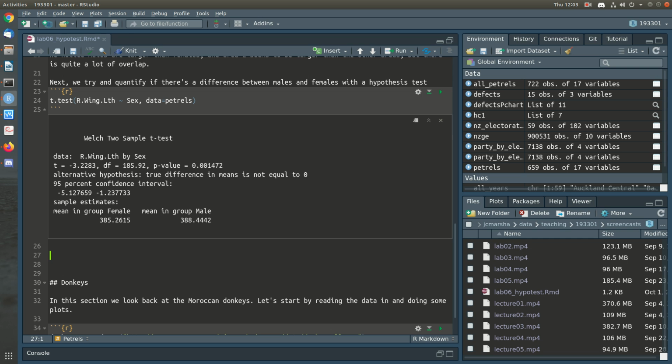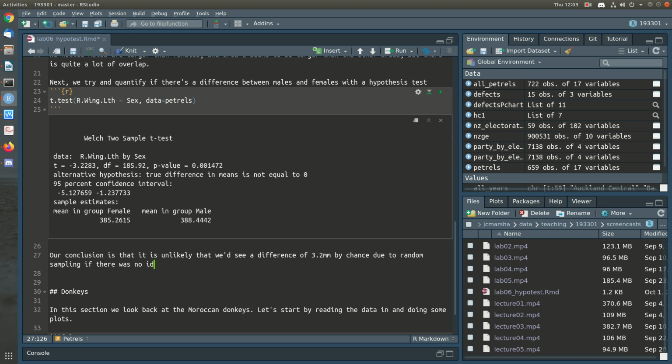So what's our conclusion? It is unlikely that we'd see a difference of 3.2 millimeters by chance due to random sampling if there was no difference in the population. P equals 0.0015.